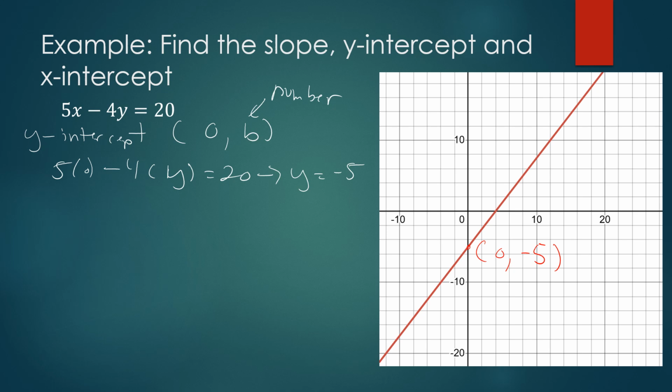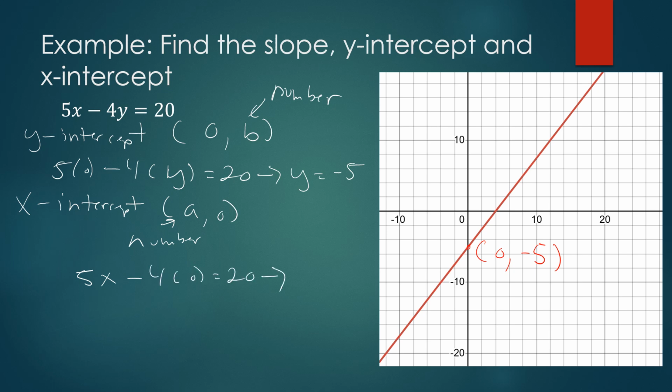If I want to find the x-intercept, this is always in the form a, 0, where a is some number and 0 is always set. So here, I'm going to let y be 0. So 5 times x minus 4 times 0 is 20.